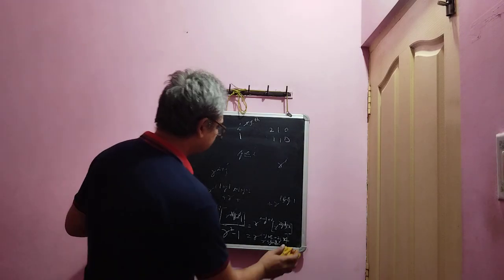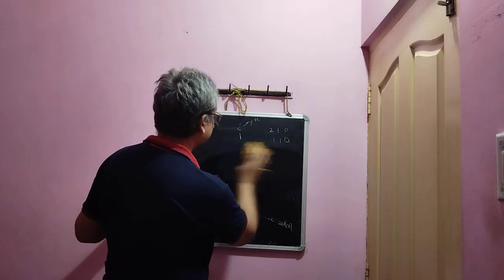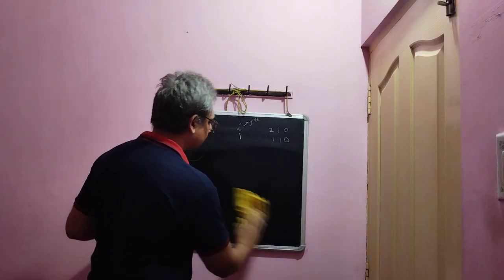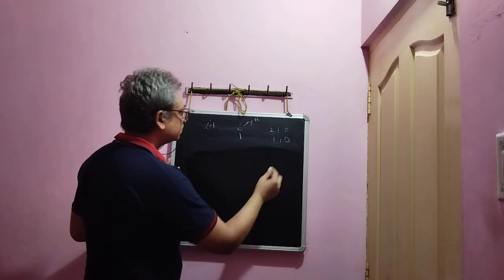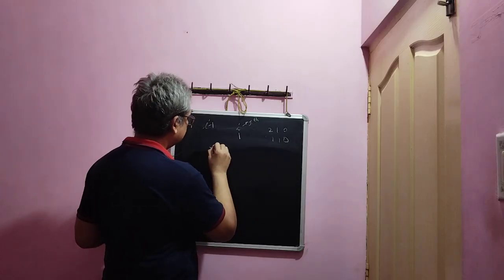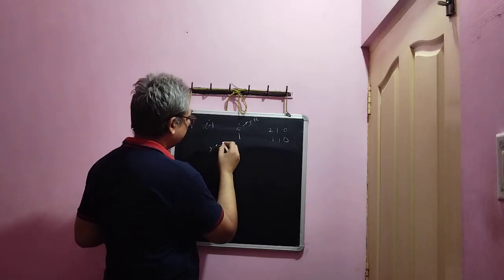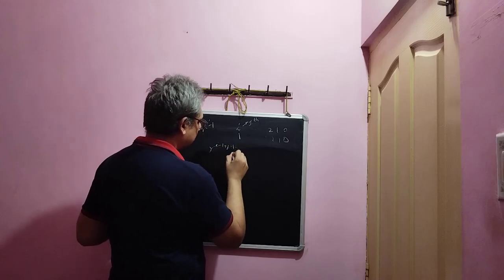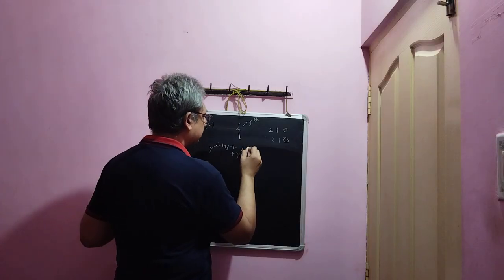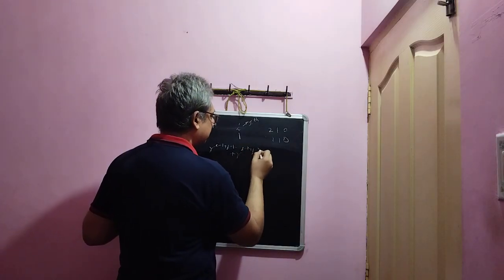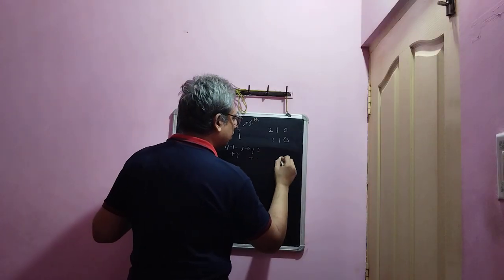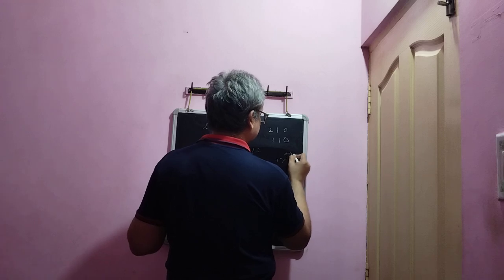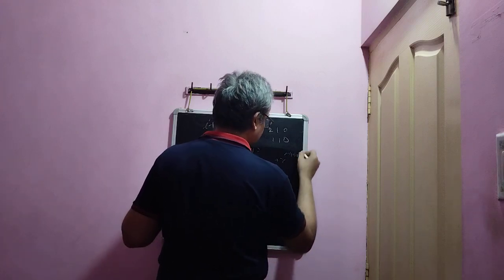I'll perform the derivation one more time cleanly so that you can see. We have to find the sum of r power i minus 1 plus j minus 1, plus r power i minus 2 plus j minus 2, and so on up to r power i minus j minus 1 plus 1.